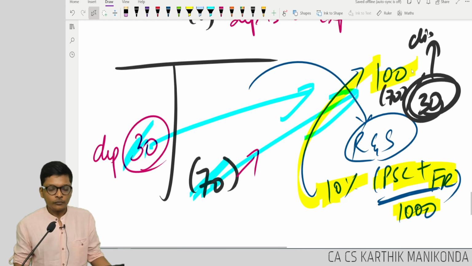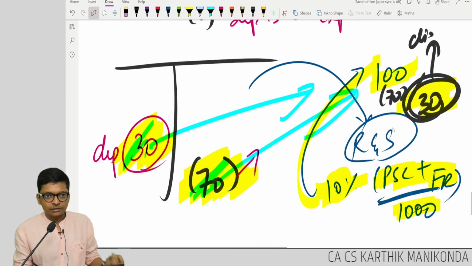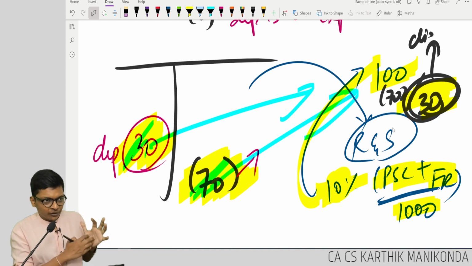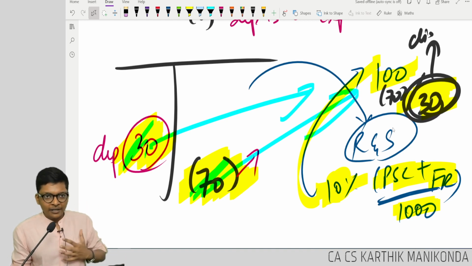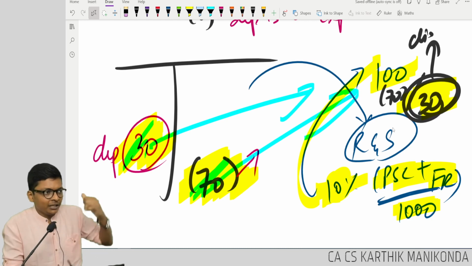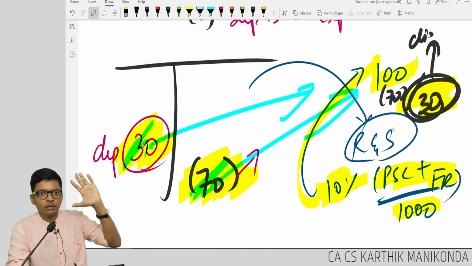No. After this 10%, you have to set off the current year loss, which is inclusive of depreciation. Then only you can declare the balance 30 as dividend. This is the provision for the exam. Why is this the provision? Nobody will know it. We are going to discuss that in the next 5 minutes. Have you understood the provision, guys? Anybody has doubt in this provision?